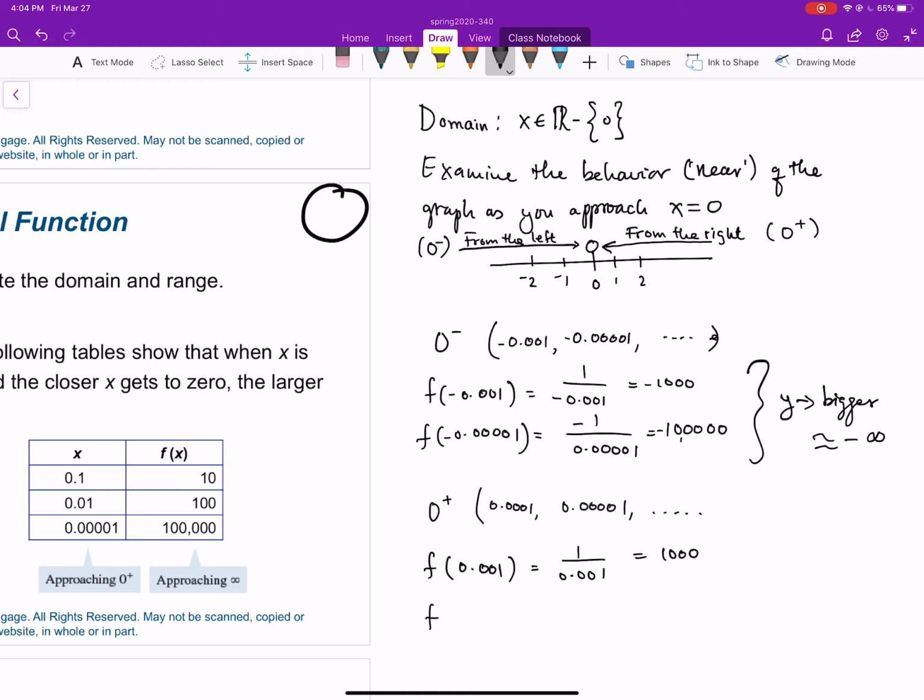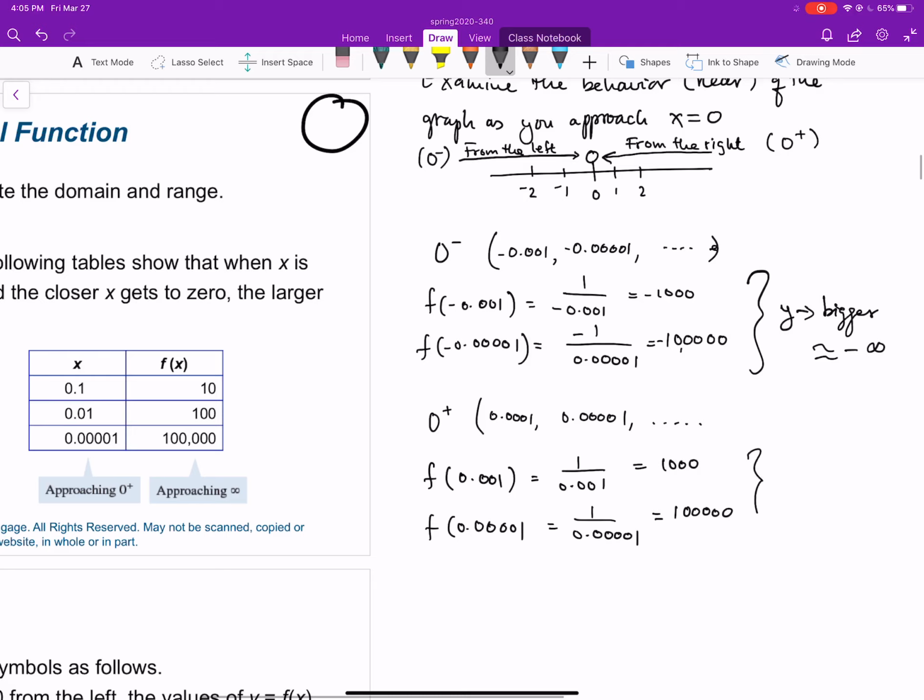And then if I do f of 0.00001, so I end up with 1 over 0.00001. Get 1, 1, 2, 3, 4, 5. You can clearly see again that y is getting bigger, approaching positive infinity.